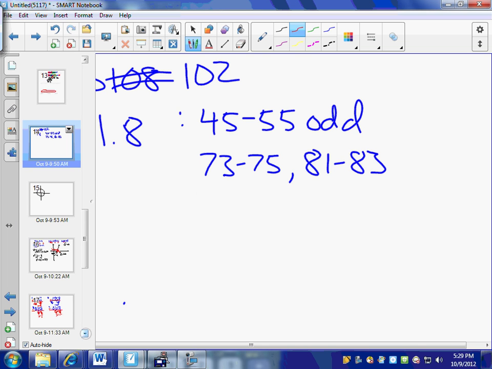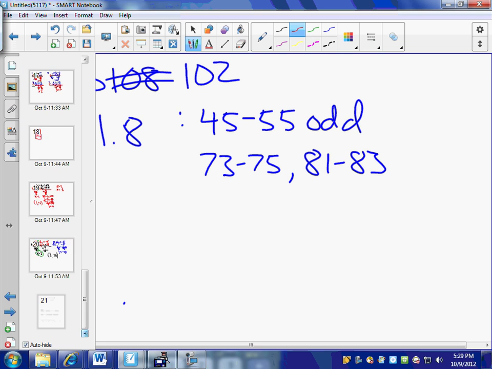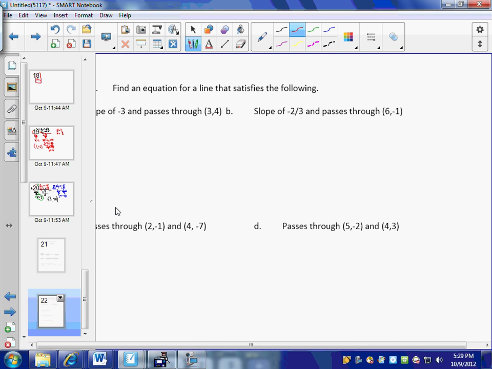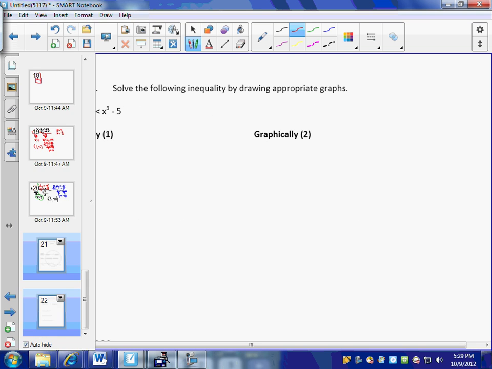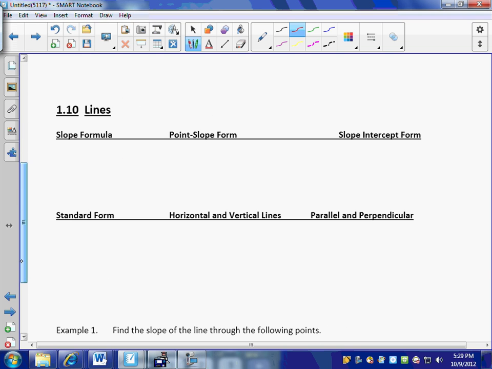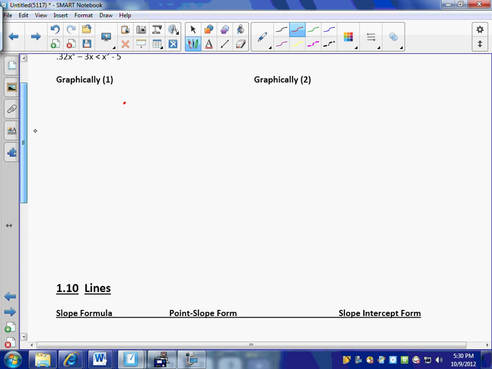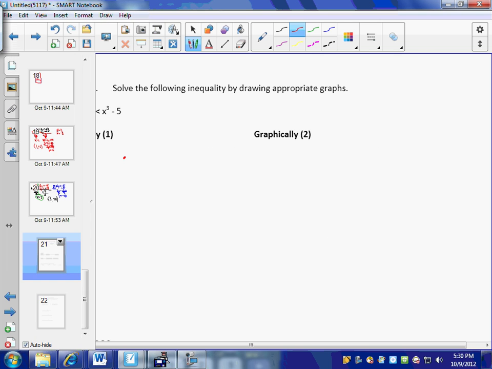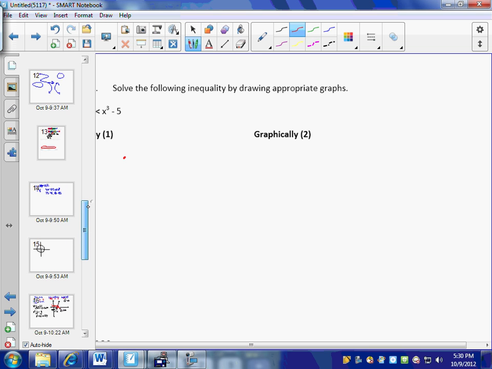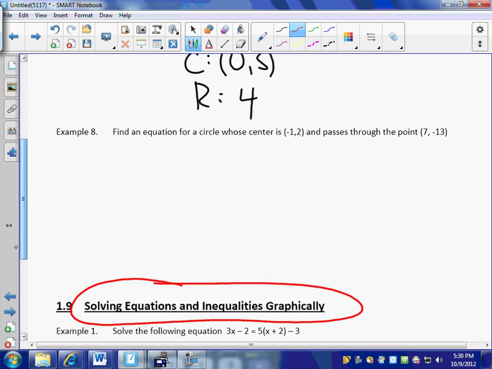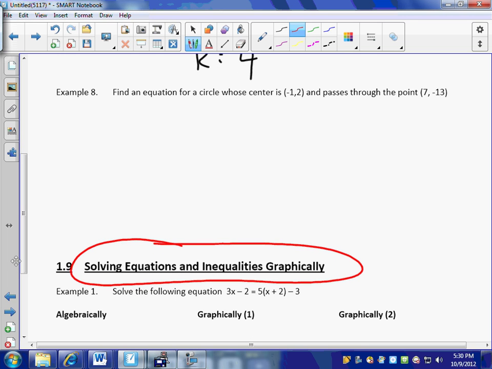And then after that, we get to writing equations for lines and stuff like that. You can see a line slope, point slope, slope intercept, standard form, vertical form. That should be pretty familiar to you. This is really the last bit of really new content that'll be on your test. The rest of it should hopefully be pretty familiar.